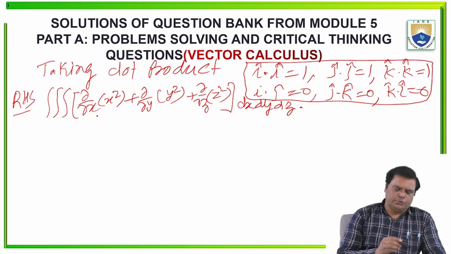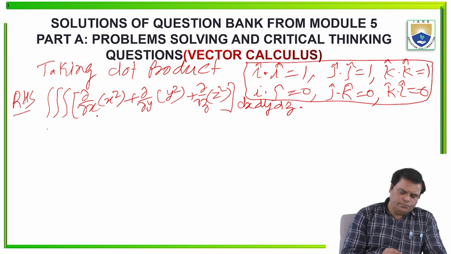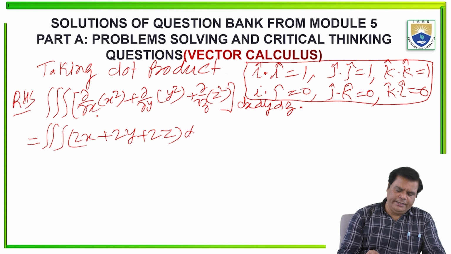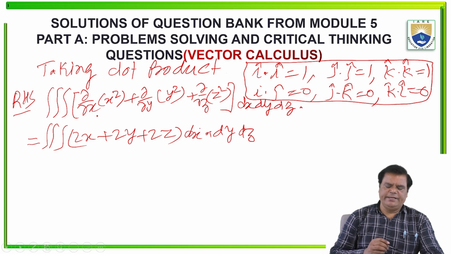Okay. So now this is equal to triple integration, here 2x plus 2y plus 2z, dx dy dz.